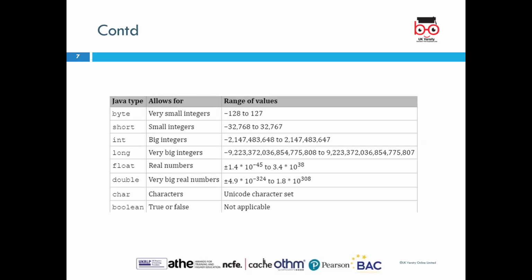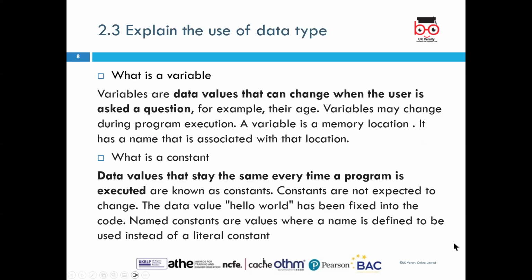Most of the code is done with either int or double, which is a really big real number, and we are allowed to work with more values. Then we have string or char depending on the programming language, and then we have Boolean, which allows us to check if a statement is true or false.